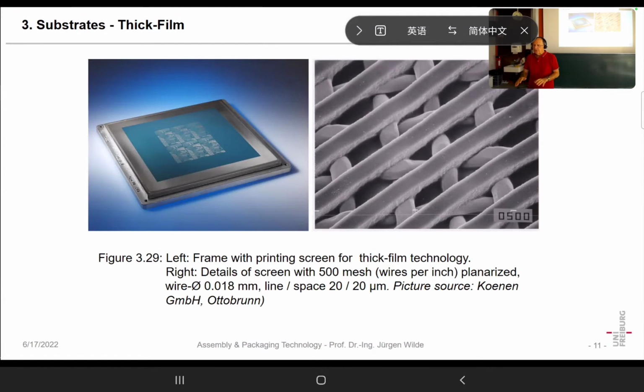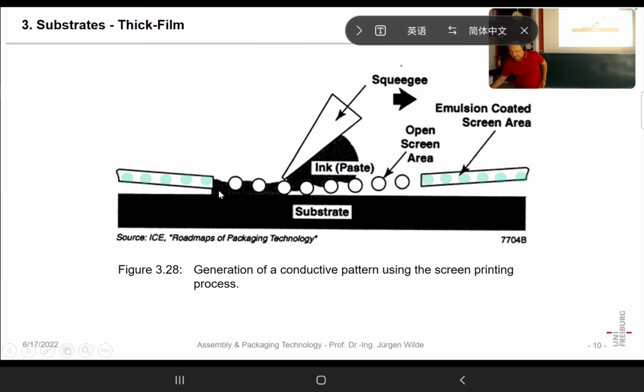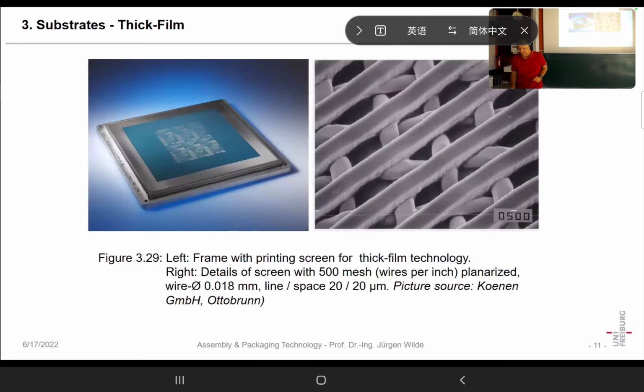And so the screen is coated with a photoresist, then it is exposed, developed, and then you have the openings. And through these openings, you can print the paste by moving this squeegee over the screen, and the screen is positioned over the board. To some of you, that was evidently not clear after the last session, so I thought it would be better to repeat it explicitly.